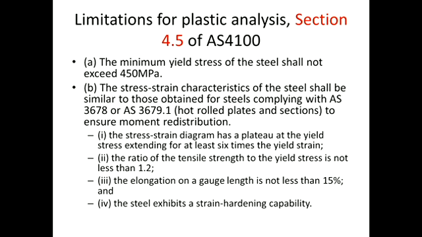So if you cut a piece or a test piece from your steel and you tested it under tension, then you are looking at how much longer compared to the original length your specimen is at the point of fracture.